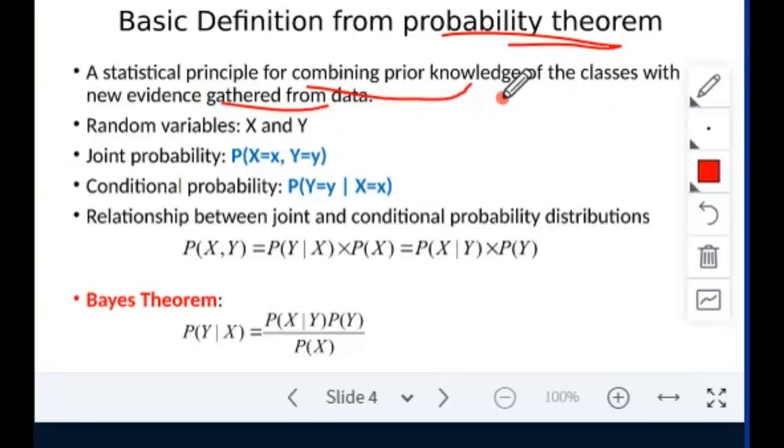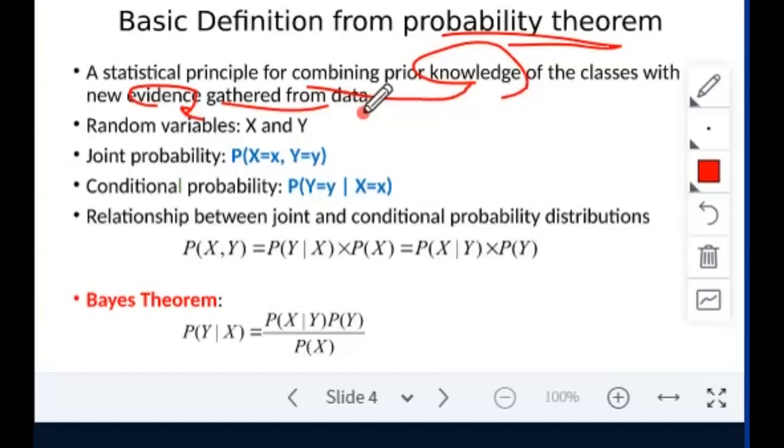Prior knowledge means what is already existing. New evidence means new data, that is nothing but the test data.